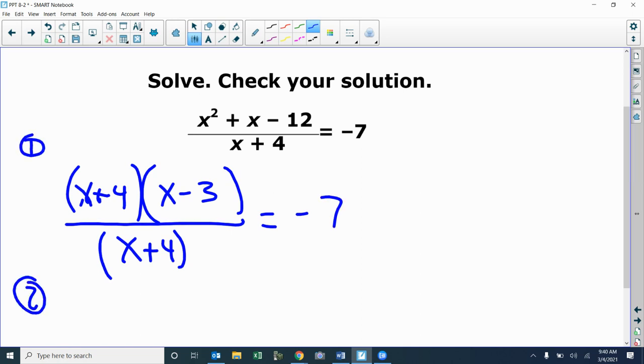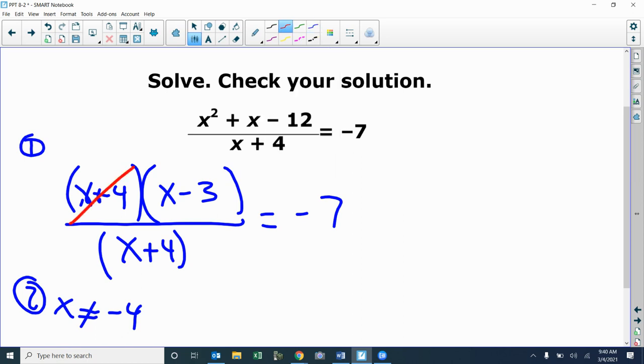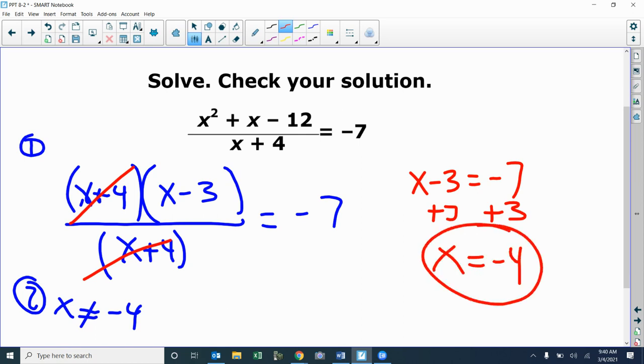Step 2, X cannot be what? -4, can it? All right. We're ready to go green eggs and ham. And now we have X minus 3 equals -7. I'm going to plus 3. I'm going to have X equaling -4.